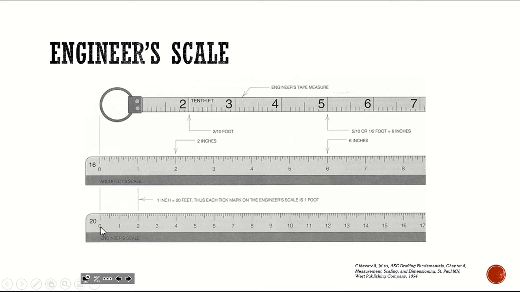So here is 1 inch, and 1 inch equals 20 feet. This helps you distinguish. The distance from here to here is 6 inches, the same distance from here to here, which is 0.5. So 0.5 is right there on this scale, 0.5 feet, which is equivalent to 6 inches.